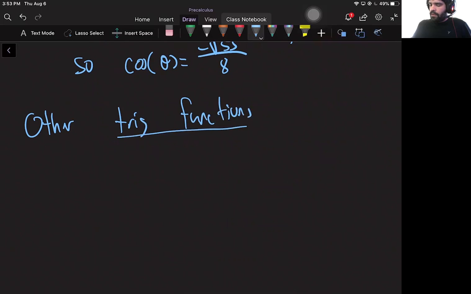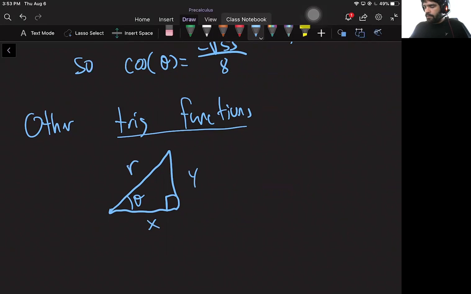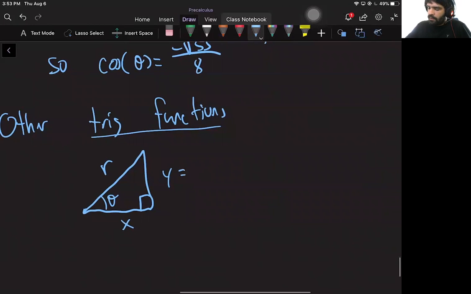So next, we look at other trig functions. So the thing is that if you have a triangle with 3 sides, you get many more ratios. We can think about it like this, or we can think about it as opposite and adjacent and hypotenuse.